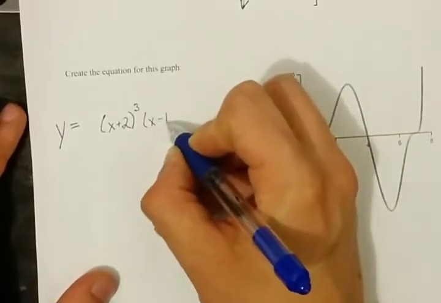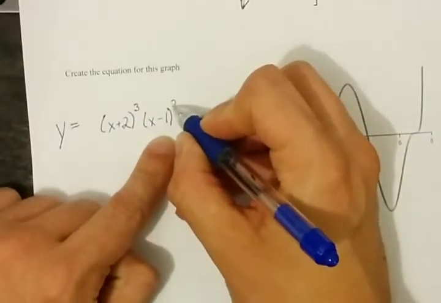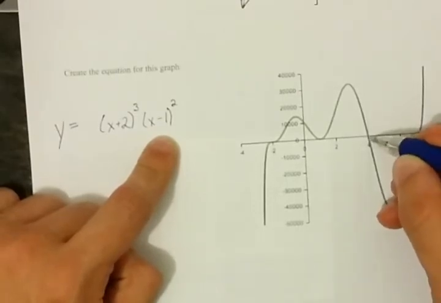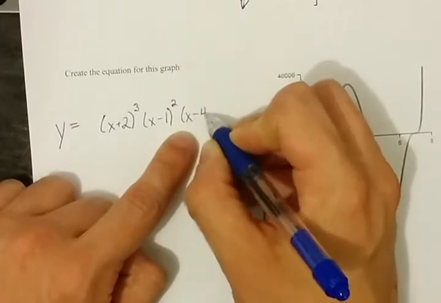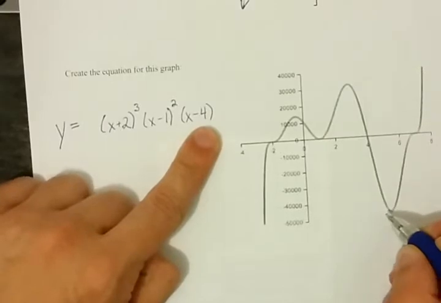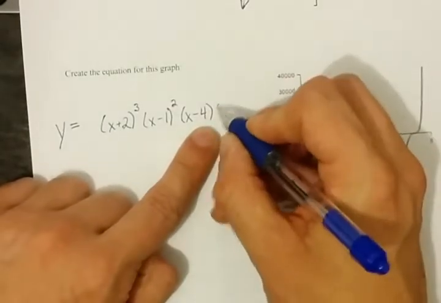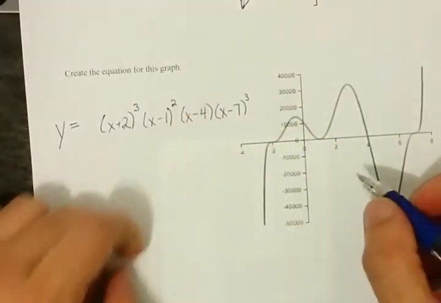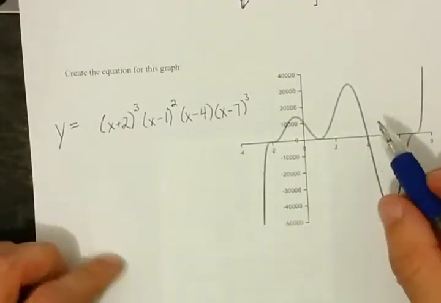That means we have a term x minus 1, and because it's a bounce, the exponent is 2. We have another x-intercept at 4. So, can you guess what goes here? X minus 4 to the power of 1 because it goes straight through. And we have another point of inflection at +7, which means we have x minus 7 to the power of 3. So we've already accounted for all of these x-intercepts.